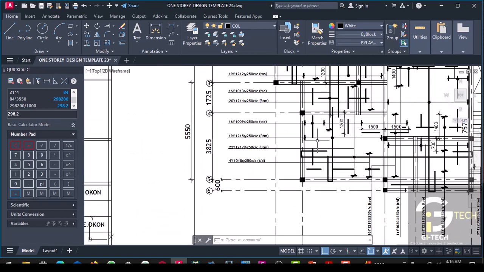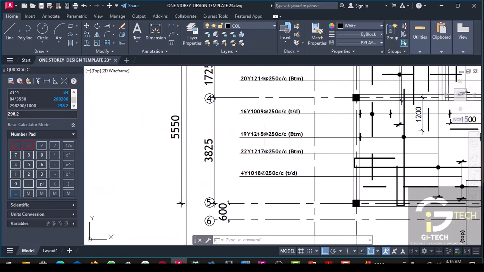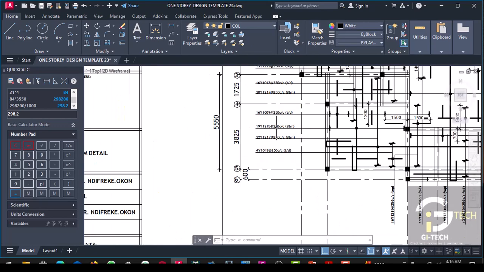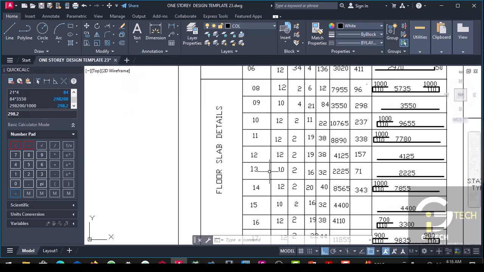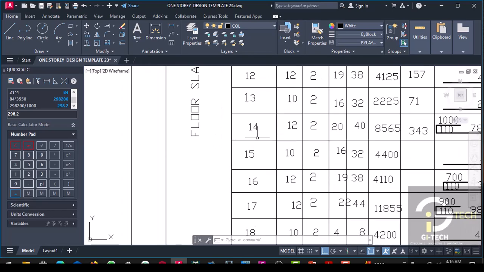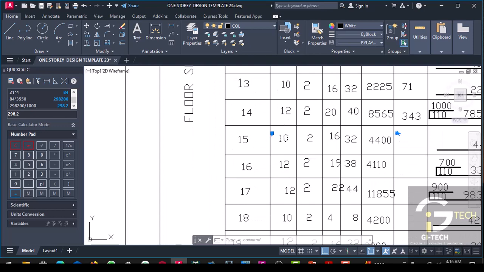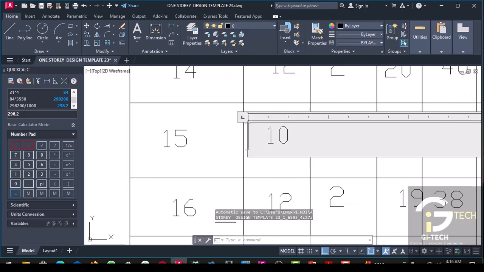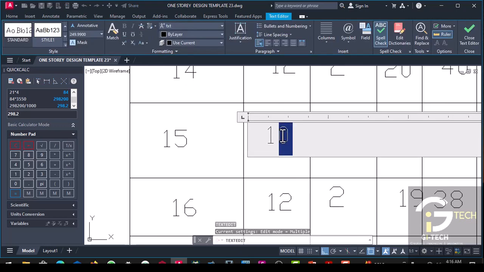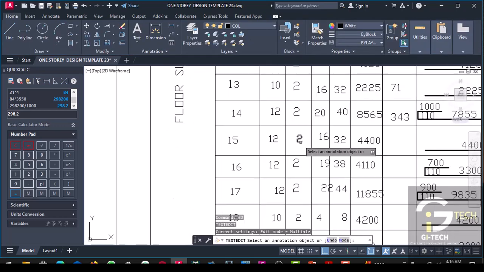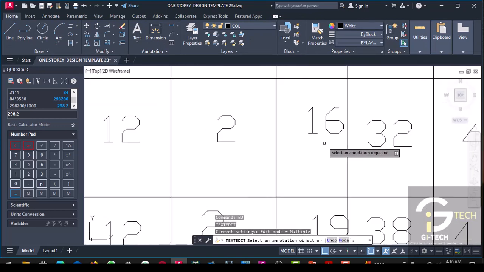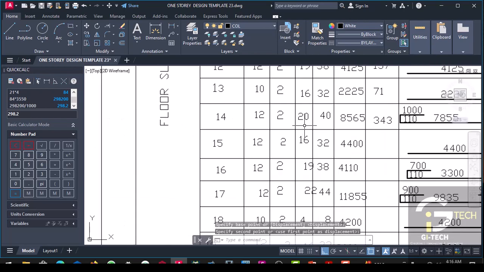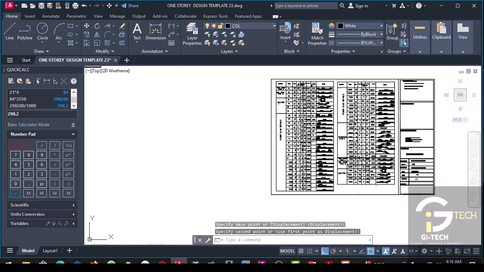Okay, so let's look at 15 here. So this is 19 Y12. So 15 now becomes diameter 12, two number dots.